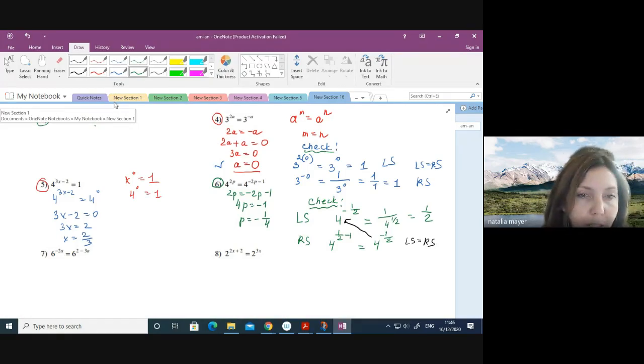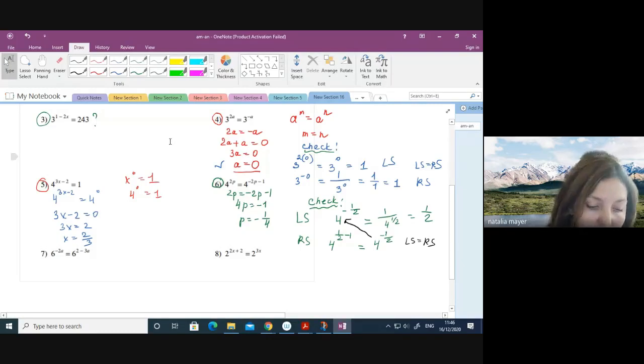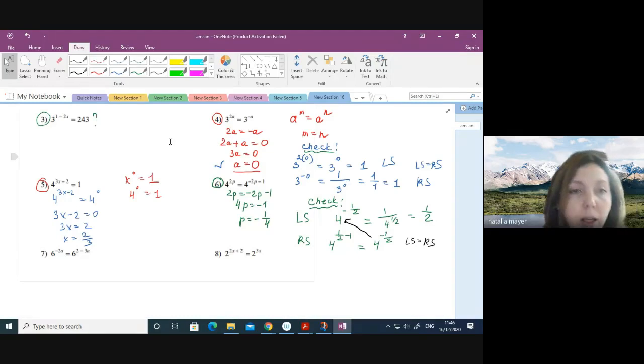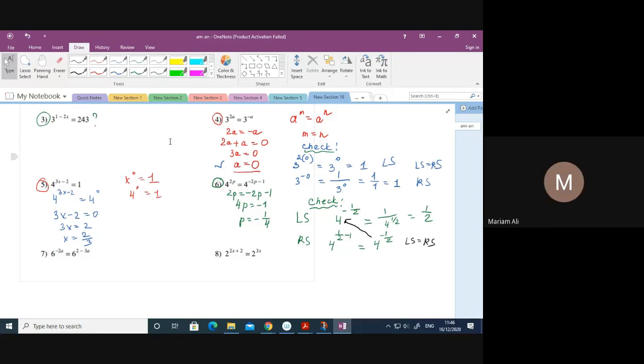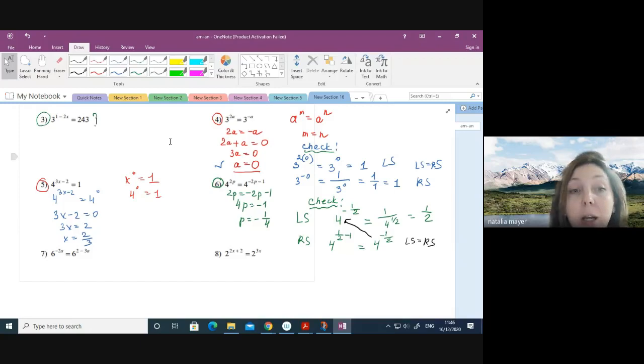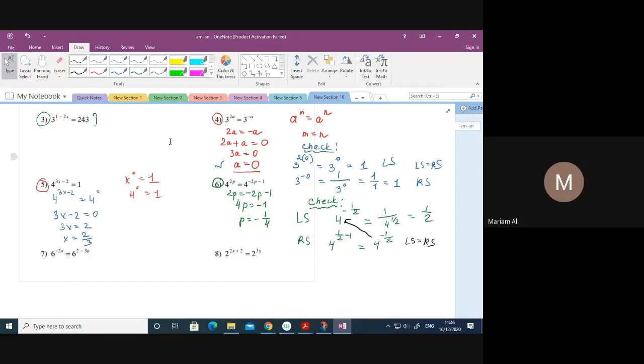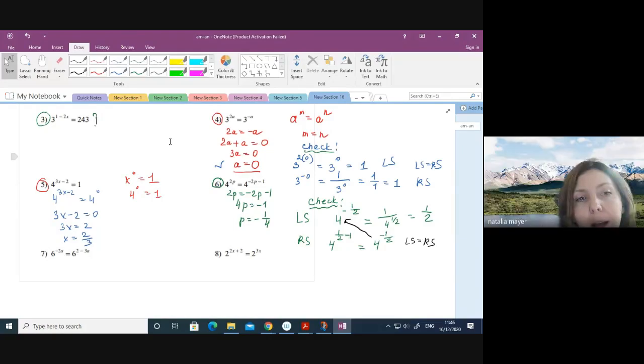Are you already doing something, or are you lost and you don't know what to do? Miriam, do you have any ideas? No, I'm just trying first. I was trying square rooting. Tell us, what are you trying? I tried square rooting 243, but I didn't get a number. Why square rooting?